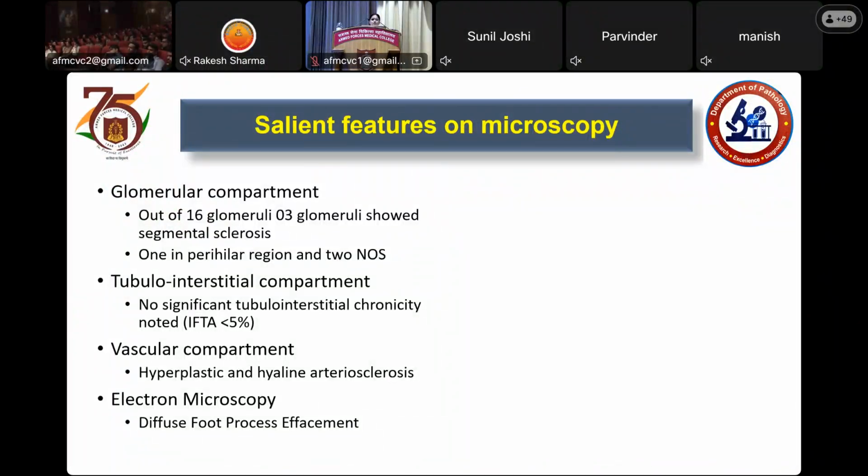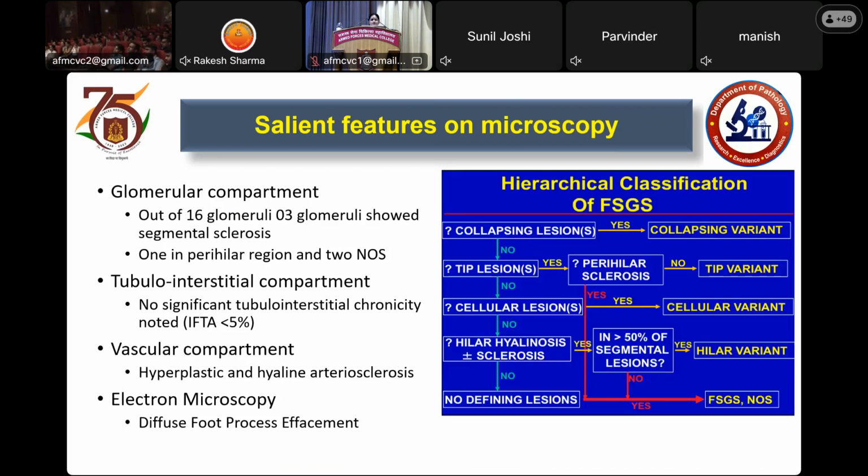Salient features on microscopy in the glomerular compartment: out of the 16 glomeruli, 3 showed segmental sclerosis, 1 in the perihilar region and 2 NOS. As per the Columbia classification of FSGS, it fits FSGS NOS. It was not a hilar variant, because more than 50% of perihilar segmental lesions are required for it.